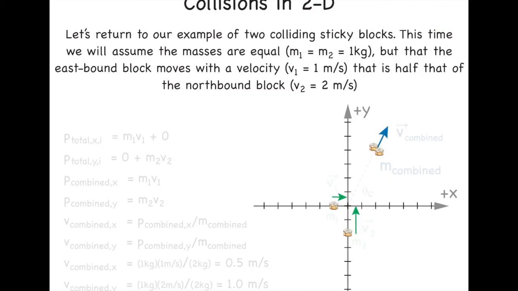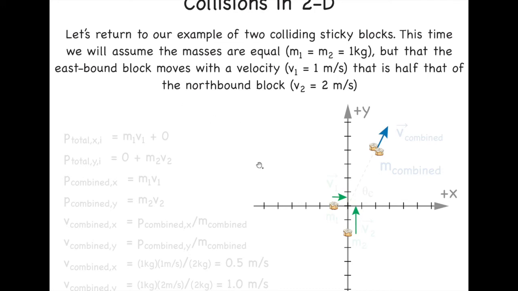So now if we look at this example we've had previously, these two sticky buns coming together, colliding and moving off on a frictionless surface, we can revisit this and look at it in terms of center of mass. This time, we're going to assume that the masses are equal, just to make life a little easier. But to keep it interesting, we're going to make them have different velocities.